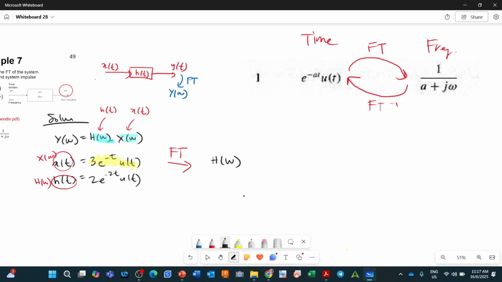It's just a. If you look at the Fourier transform table, you get 1 over a plus j omega. If you take this out, what do we get? 3. Then we substitute the a value, so you get 1 over 1 plus j omega. So for H omega and X omega, convert that.